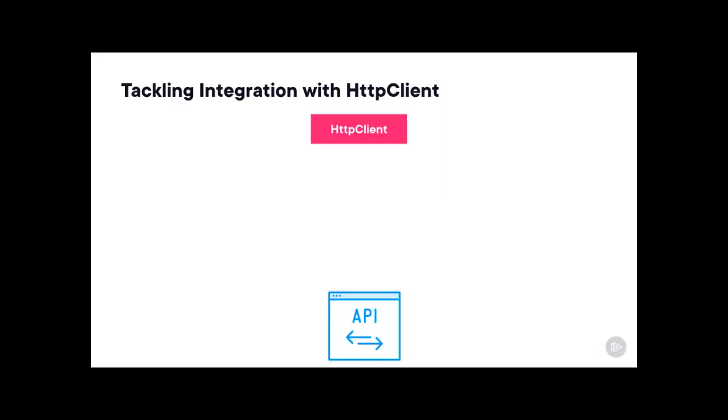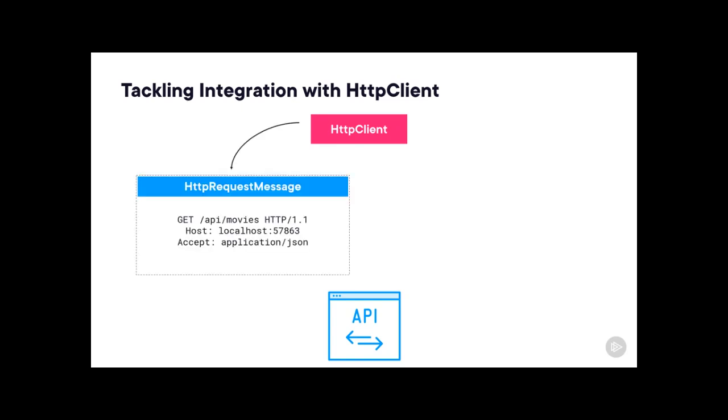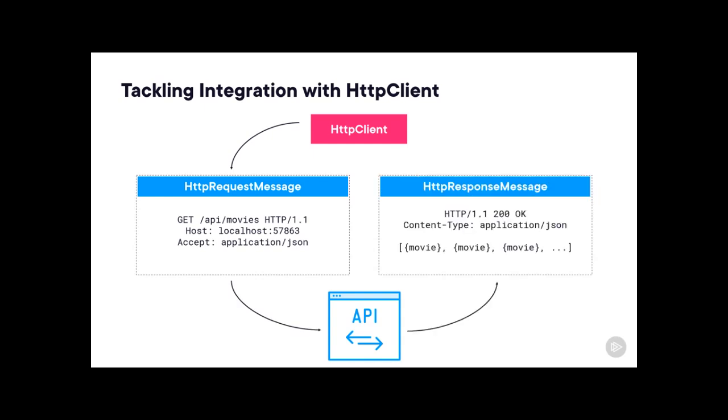Yet, when we want to integrate with an API from code, we don't have a browser at our disposal. Well, theoretically we could probably fire one up in some cases, but that is clearly not a good practice. And that is where HttpClient comes in. HttpClient is the go-to class for sending HTTP request messages and receiving HTTP response messages.